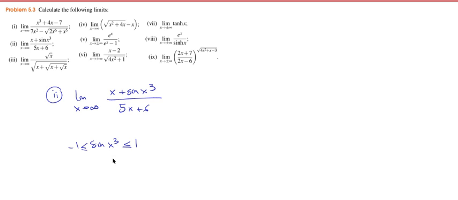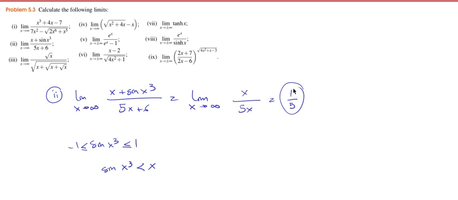So that means that this is negligible with respect to x when x goes to infinity. So the numerator is equivalent to x, and in the denominator we have 5x, right? Because 6 is negligible in comparison with 5x when x is very large. So then we have a fifth. Okay?